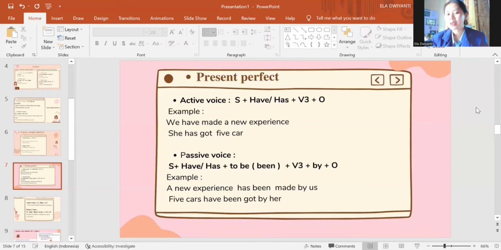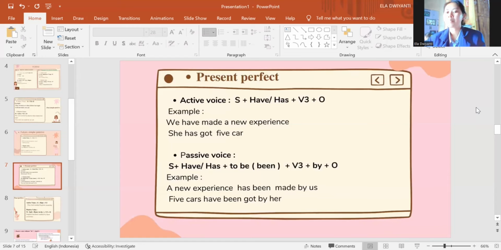For example, "We have made a new experience." In the active voice, we is the subject, have made is the verb, and a new experience is an object.